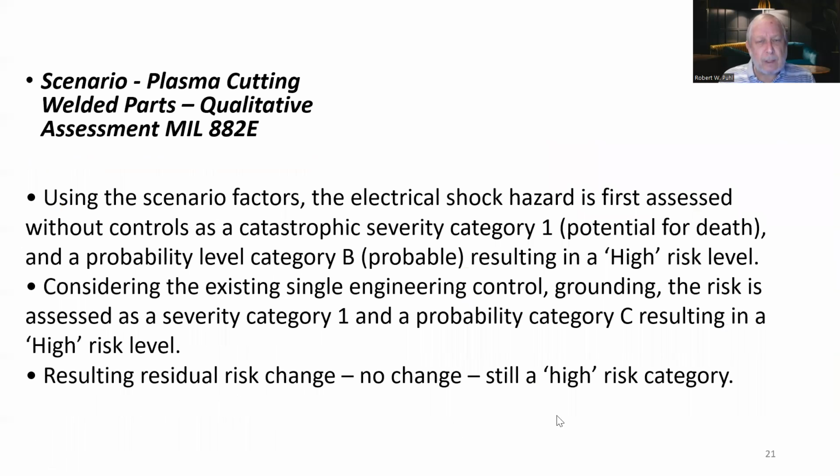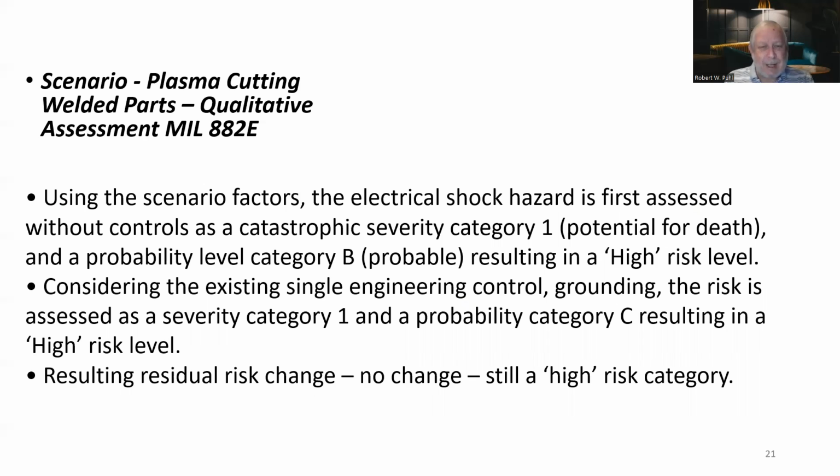Using scenario factors, the electrical shock hazard is first assessed without controls at a catastrophic severity category 1. Now, remember, this risk matrix we're going to use uses 1 as the high side. I don't like it, but that's what they're using. Category 1's potential for death, and a probability level category B. Now they're using letters and numbers, which is okay, resulting in a high risk level.